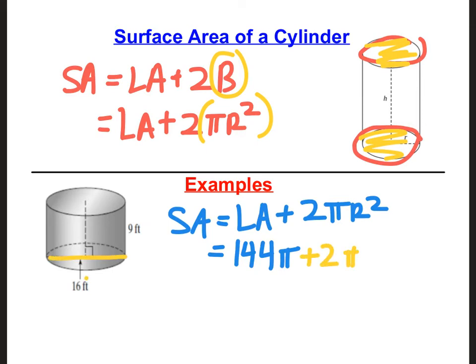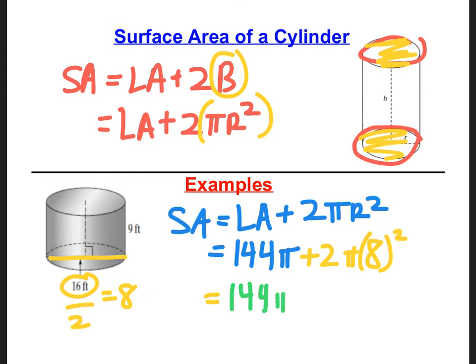They told us our diameter was 16, so if I divide that by 2, I get 8 for my radius, so times 8 squared. Again, we have 144 pi. I'm going to keep it in terms of pi for now, and let's do the other one. If I square 8, I get 64. So I have 64 times 2, which is 128 pi, so plus 128 pi.